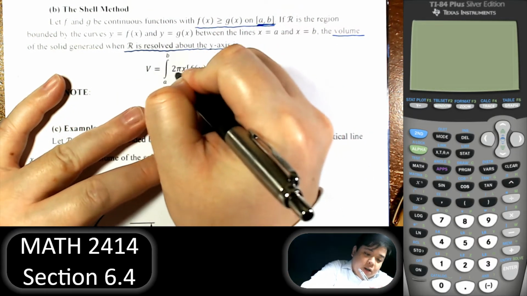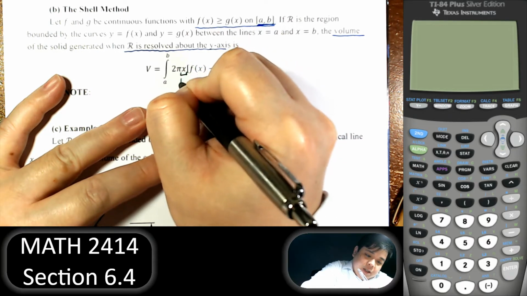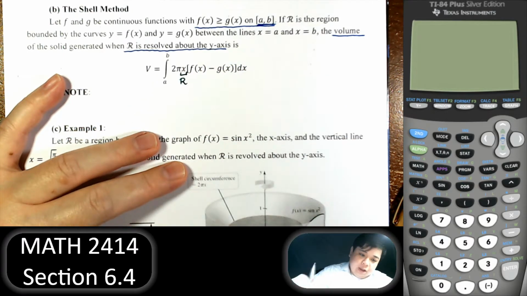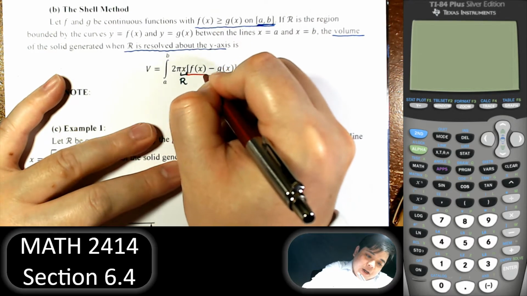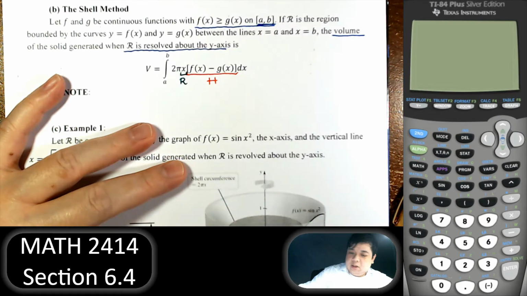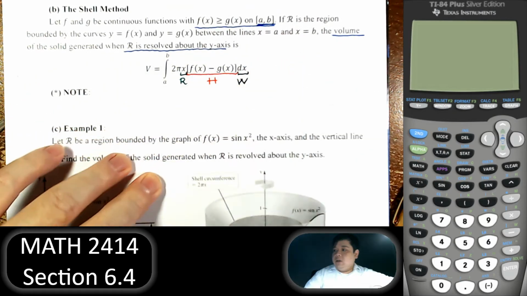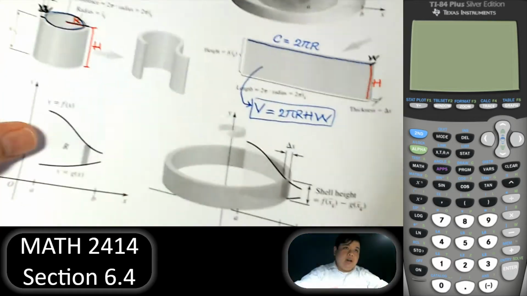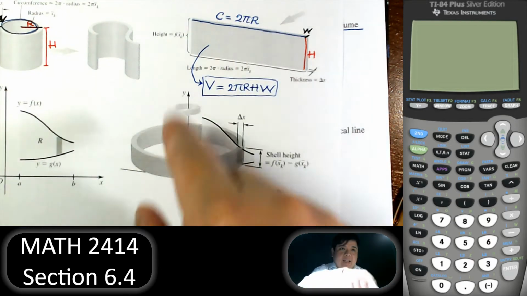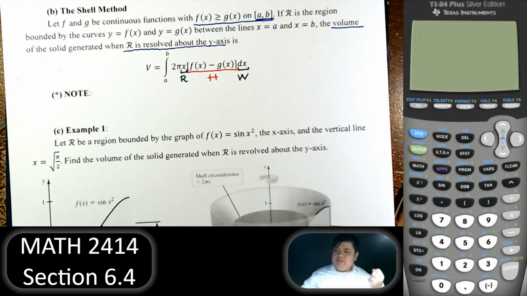The 2 pi times x here is the radius. The difference of the two functions is the height, and then the delta x is the width. So compared to the last problem, we have 2 pi r h and the width, and then the integral. So we find the volume. The integral is the summation of all those volumes.